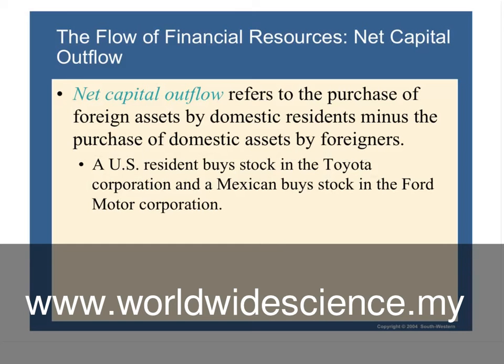For example, a U.S. resident buys a stock in the Toyota Corporation, and a Mexican buys a stock in the Ford Motor Corporation. These are net capital outflow. It means a foreigner buys assets inside your country.